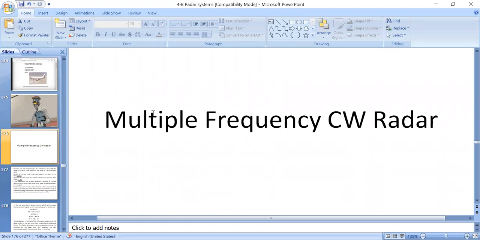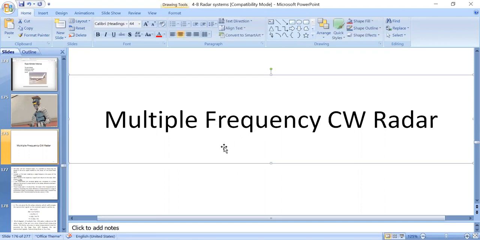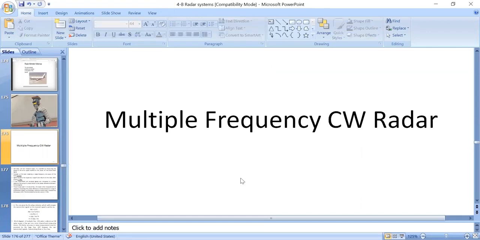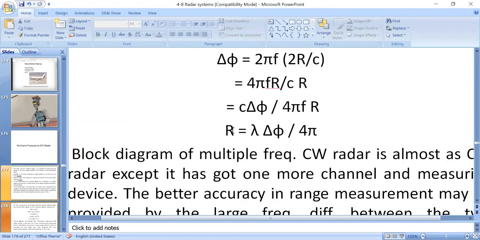We are transmitting at multiple frequencies, and we are observing the phase difference between those frequencies, and by using that phase difference, you are able to calculate the range. This equation explains how you are able to calculate range by using del phi, where del phi is nothing but the phase difference between the two signals, right? I think now you got the concept.